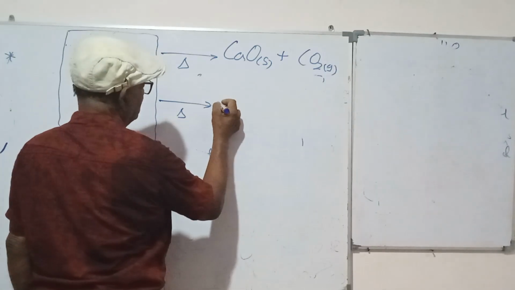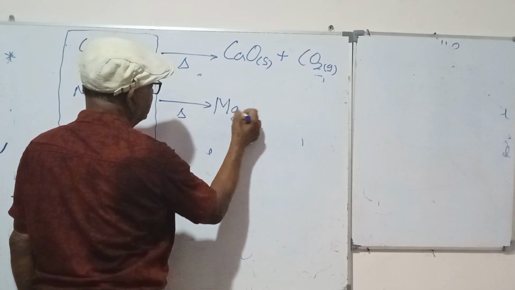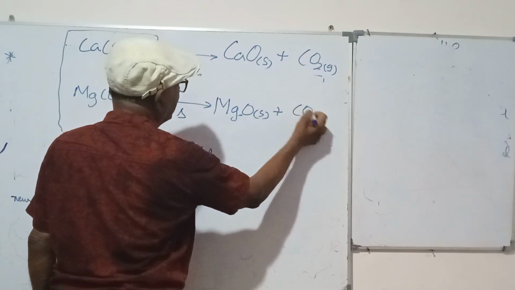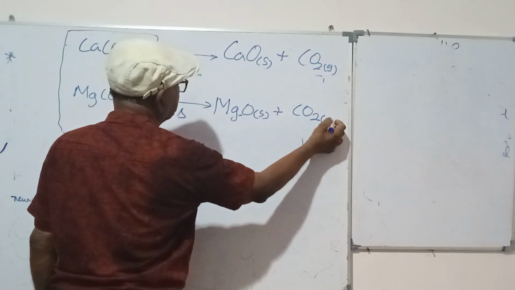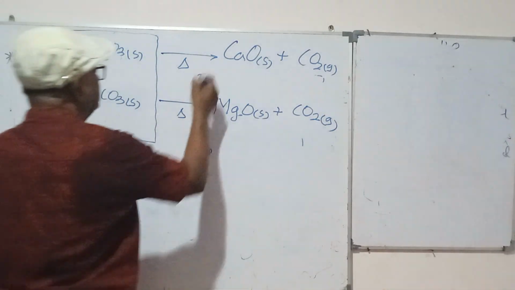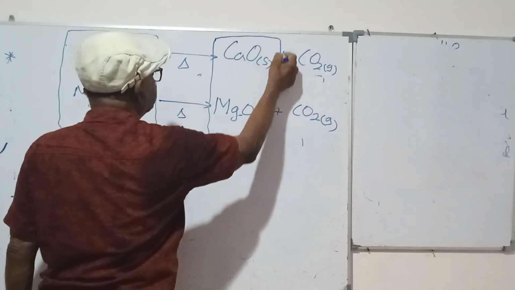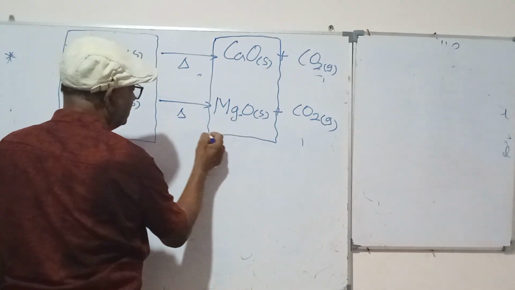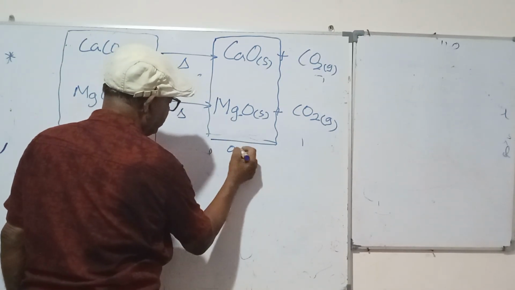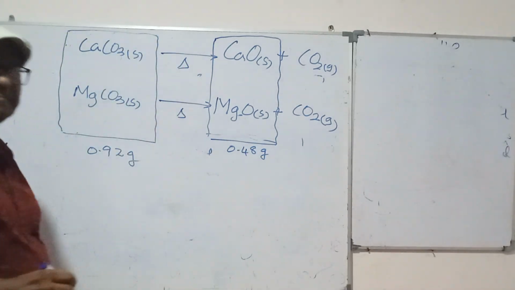MgCO3 also undergoes decomposition, giving MgO solid plus CO2 gas. In the problem, the residue, the remainder, is also given as 0.48 grams.